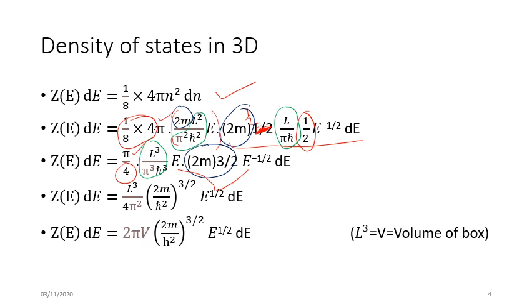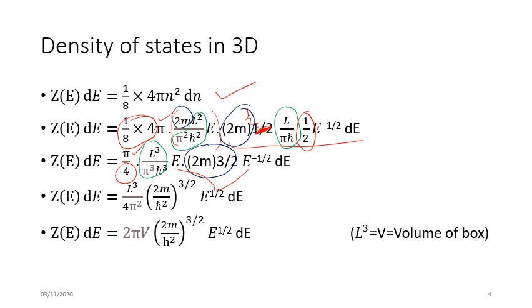Now L cube upon pi square h cross square is taken out, and 2m upon h cross square, because 2m raised to 3 by 2 is there upon h cross square, because this quantity is well known, and in quantum mechanics and other physical derivations this constant is always taken together. I will show how they have done it.